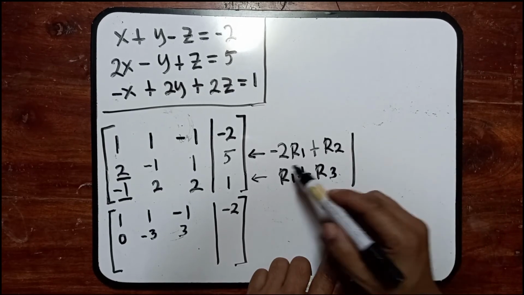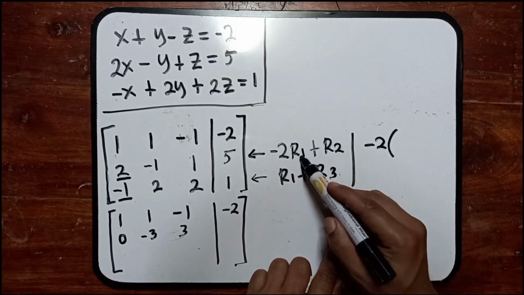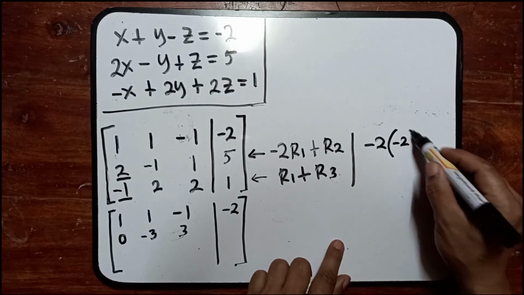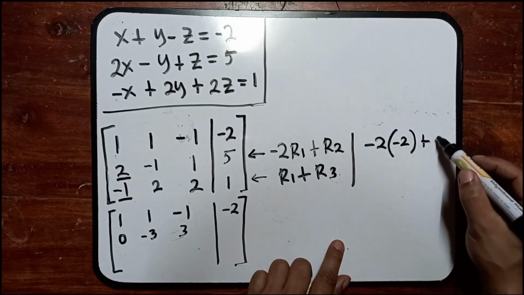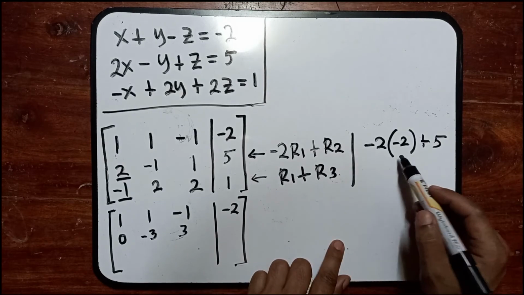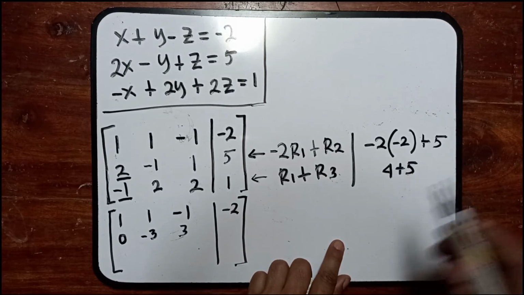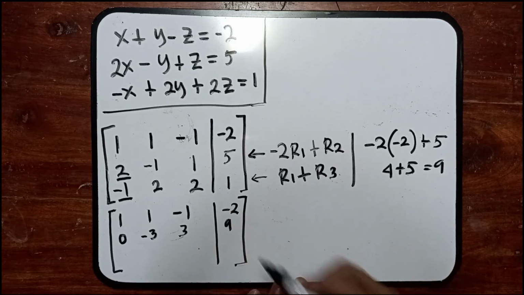And then negative 2 times R1. R1 is negative 2 plus R2. R2 is 5. And then negative times negative, that is positive, plus 5. So we have 9. So let's write here 9.